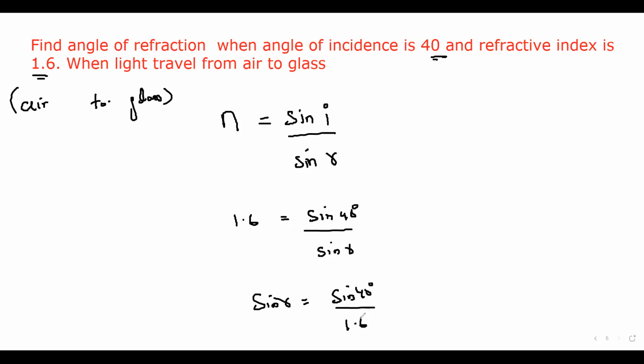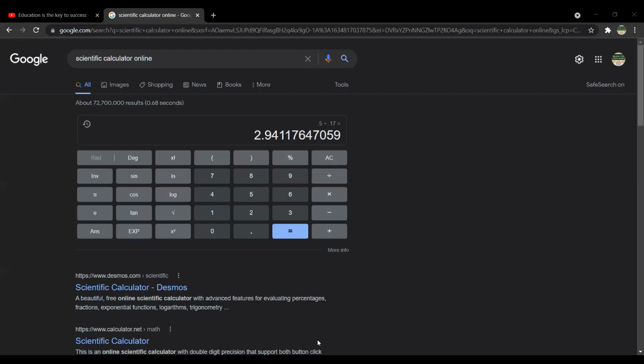So sine R is equal to sine 40 divided by 1.6.